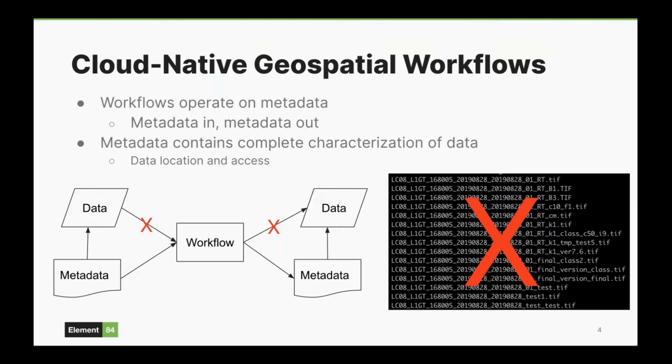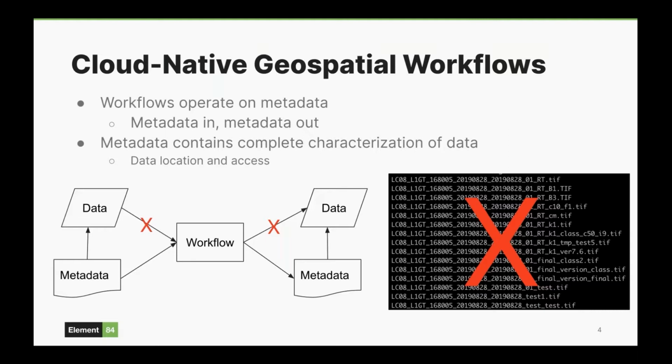So rather than this idea of operating on files, operate on metadata. Forget about the data, forget about where the data is located. Instead, the input to your workflow is metadata, and obviously, this is going to be STAC. The metadata contains a complete characterization of the data, including where that data is and how to access it. During your workflow, you're operating on that metadata.